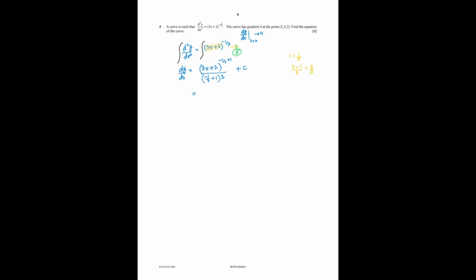So now we have (3x + 2) to the power 2/3 divided by 2/3 times 3. We can simplify here. The leftover part is (3x + 2) to the power 2/3 divided by 2, plus c, equals dy over dx.